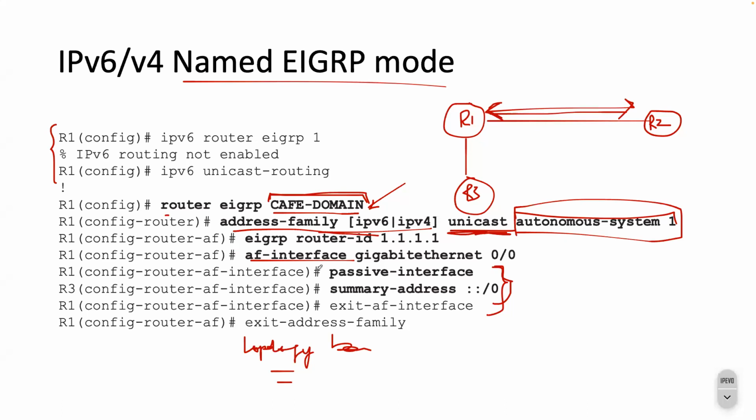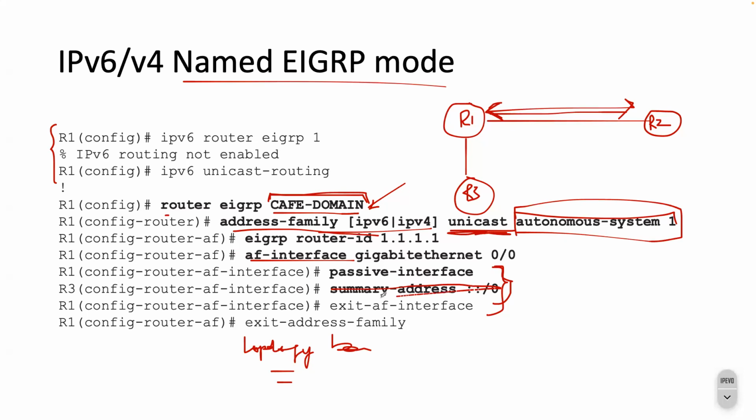So for passive interface, there are two commands: interface, then IP address definition? No, this is something different.